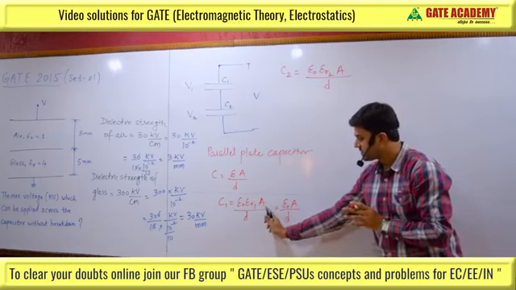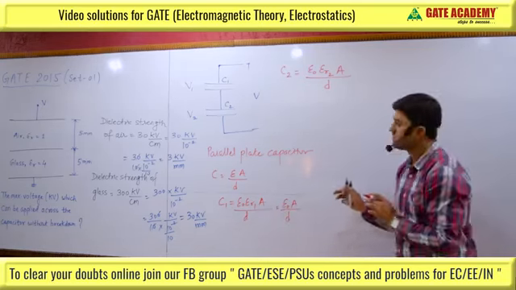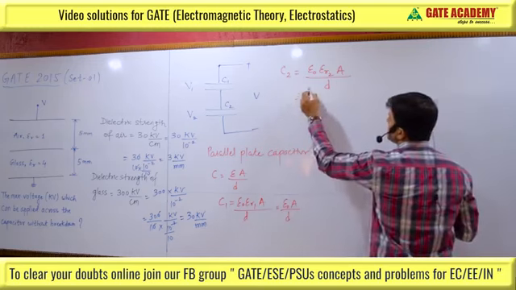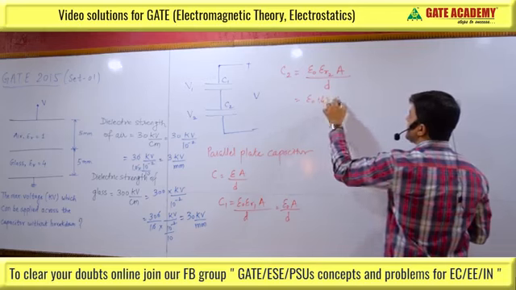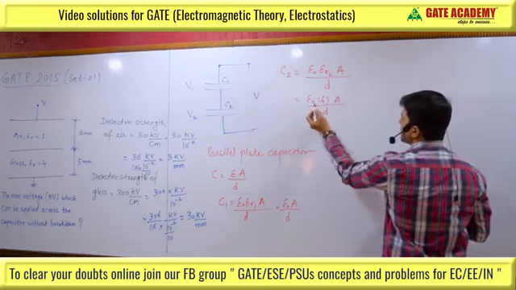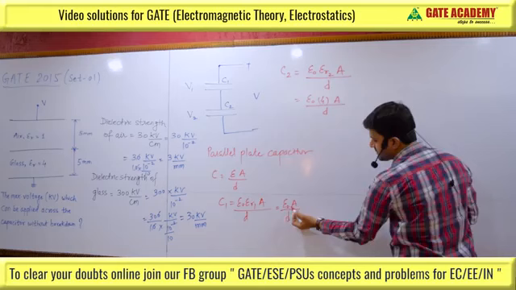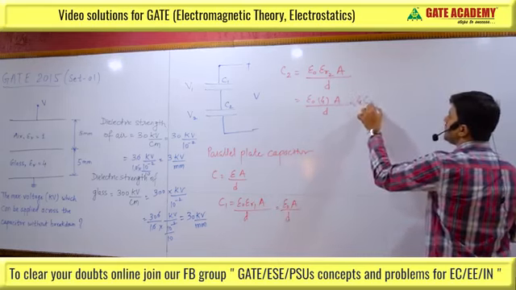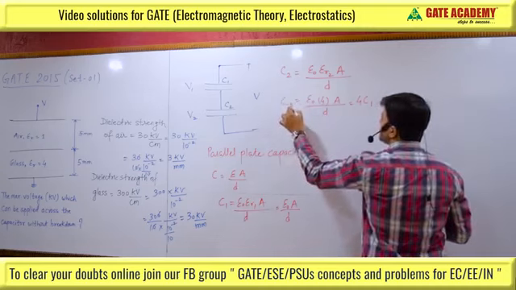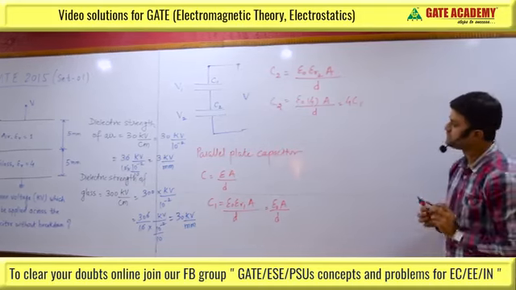That's why I am representing it by A and d only. So here epsilon r2 is 4, and epsilon naught A by d is nothing but C1. So this is nothing but 4 C1. So C2 equals 4 C1.